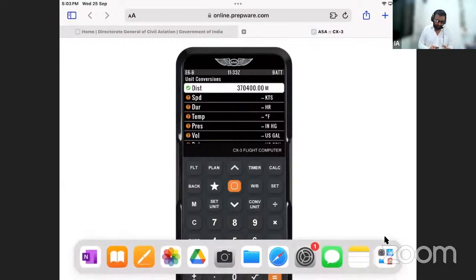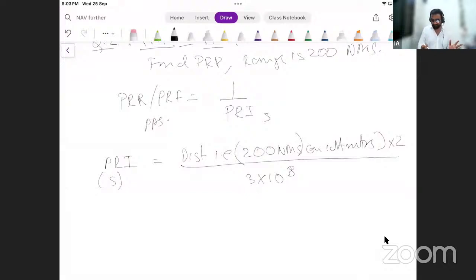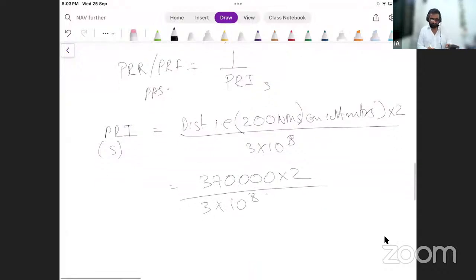370000, similar to the earlier one. 370,000 into 2. This becomes my distance. Upon 3 into 10 raised to 8, like this.